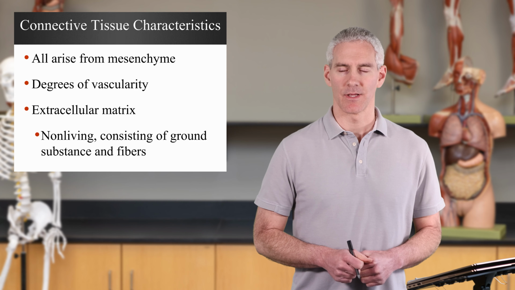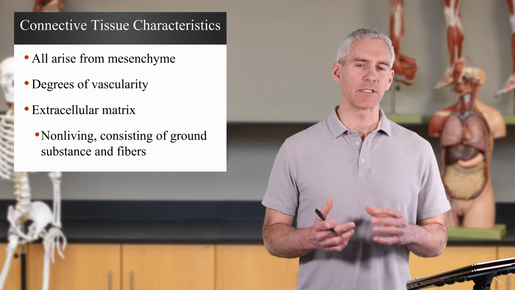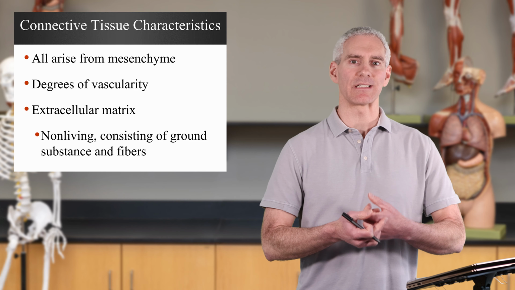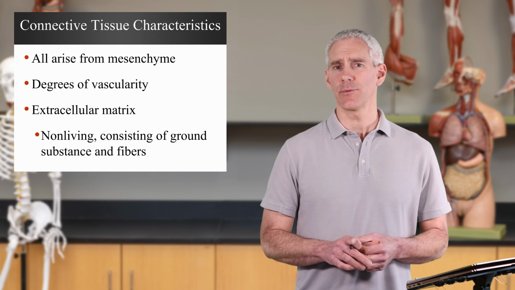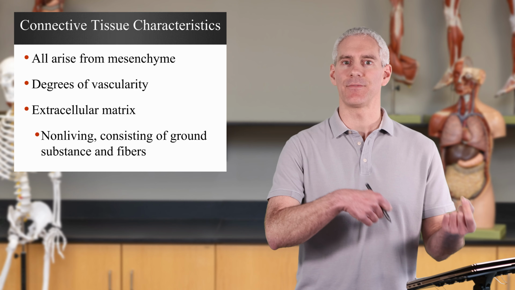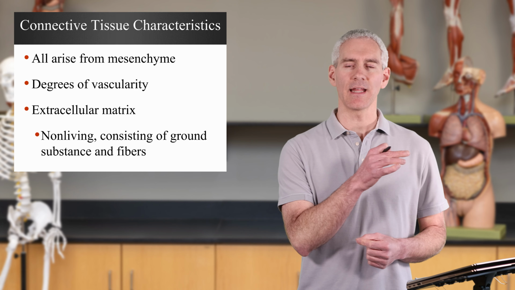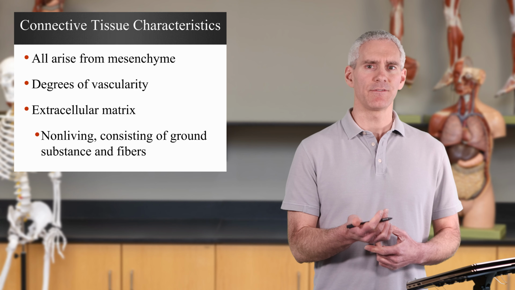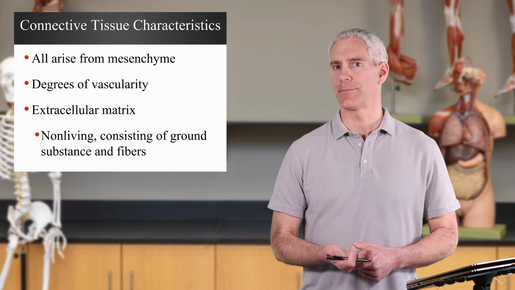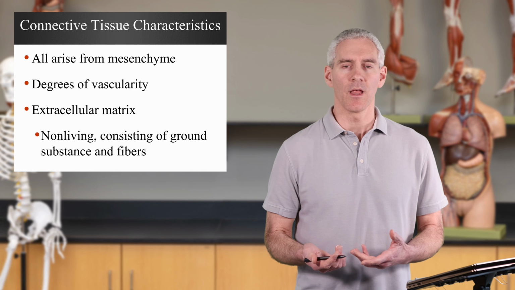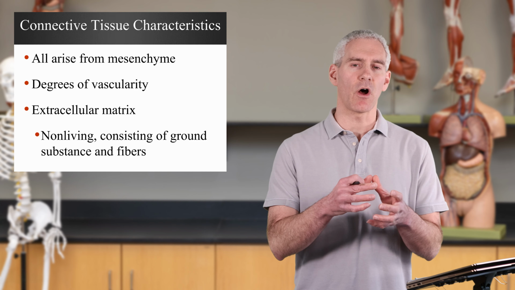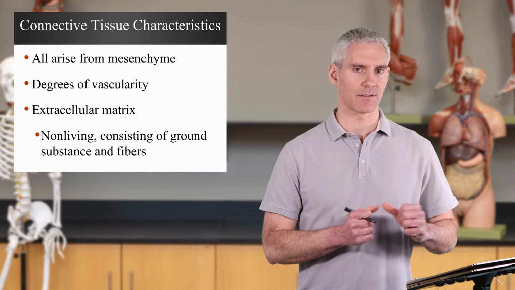Extracellular matrix. Now the extracellular matrix is what's around and outside of the cells. So pretty much everything there is beyond the cells. It's non-living, and consists of different things like ground substance and fibers, which we need to talk about. The idea here is this is all the other stuff beyond the cells.